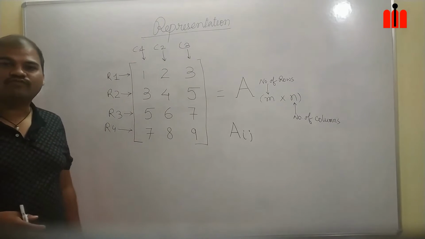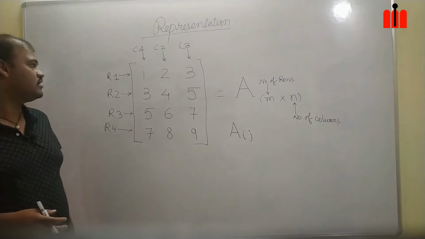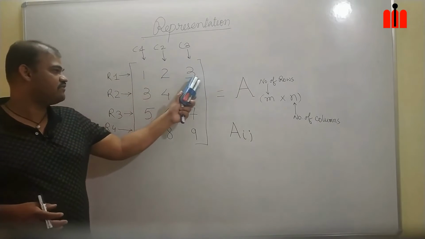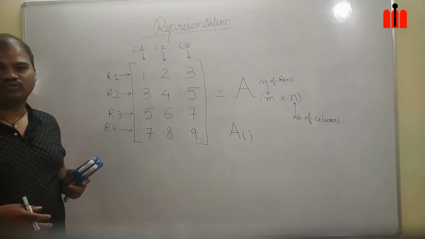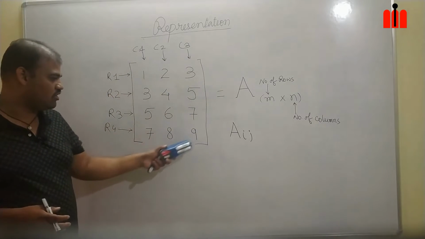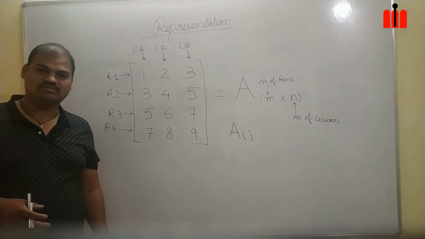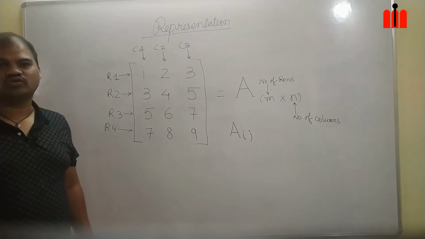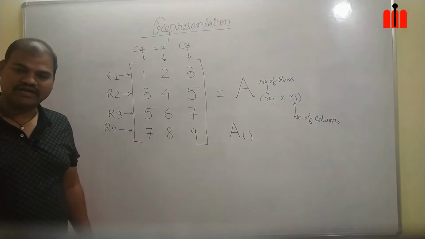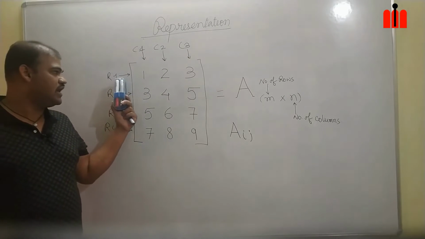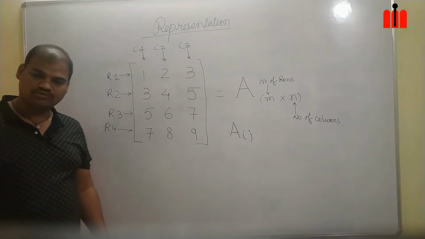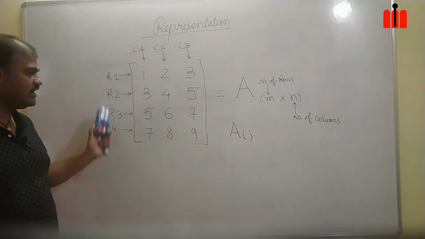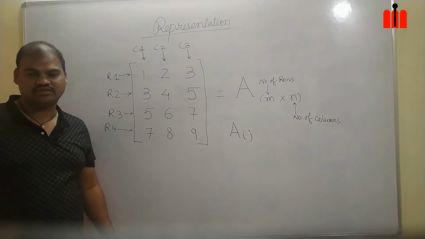If I want to perform operations on these wards, like I want to multiply the entire first row by 2, keep the rest of the terms as is, and I want a sum. Are you getting it? I want to multiply the entire first row by 2 and get the sum of all these numbers.